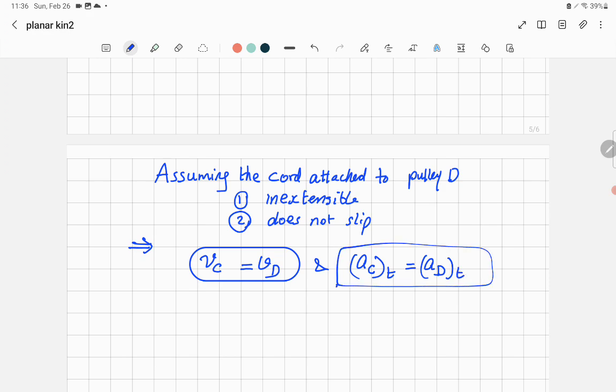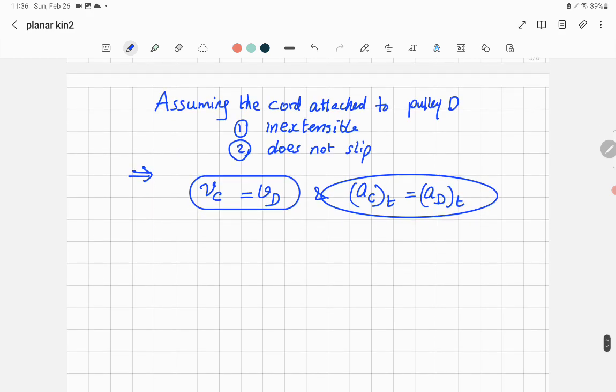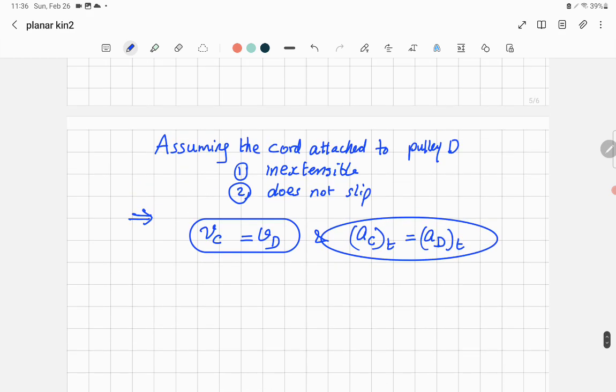They are not on the same axis, there is a transformation. So when there is a transformation, we talk about the tangential component, the linear velocity, and the tangential component of the acceleration. So we need to find the acceleration of D, so we can get the cylinder C.